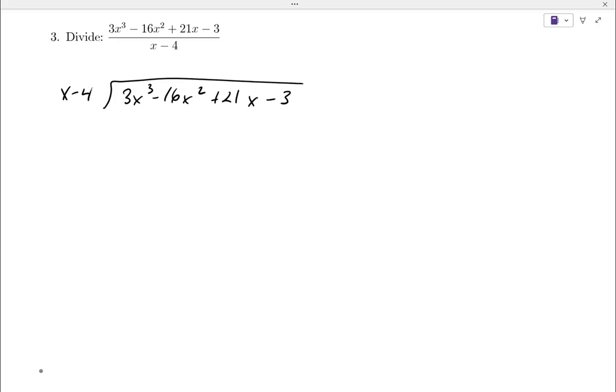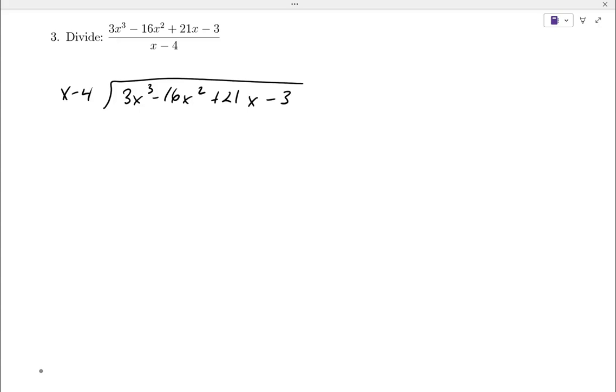What do we look at first? Yeah, we look at the 3x cubed, and what do we want to know? Yeah, so how many times what goes into the 3x cubed?